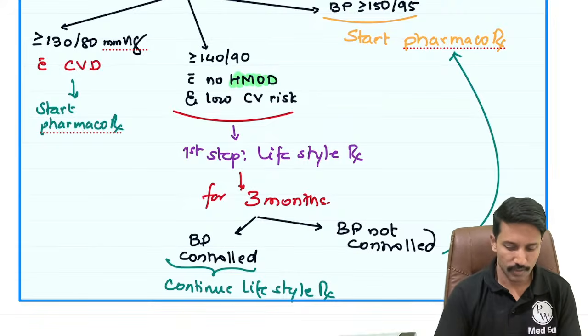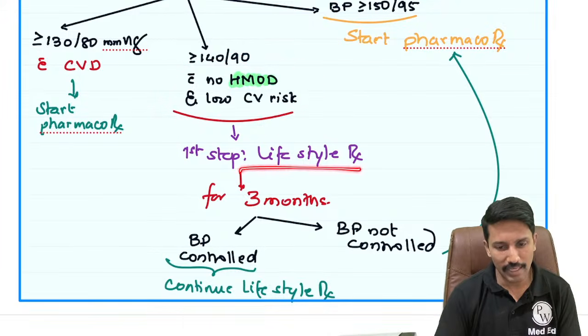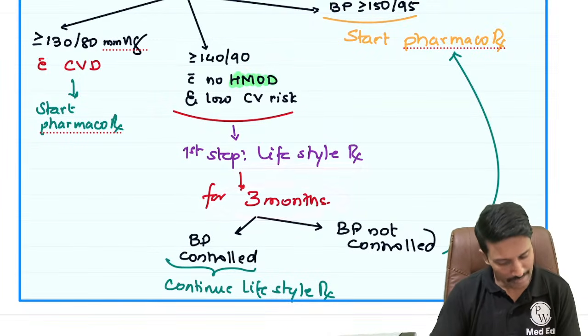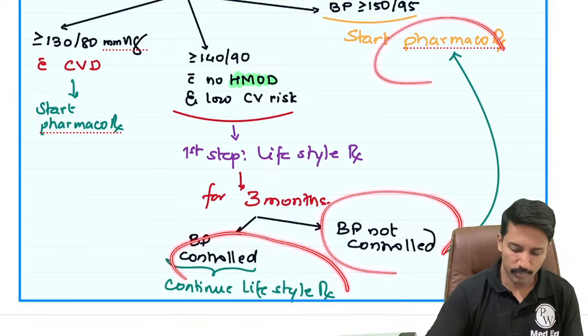If BP is 140/90, but the patient does not have any hypertension-related organ damage and coronary artery disease risk, in such patients, not more than 150/90 but 140/90 plus and no risk factors, I will try lifestyle modification for 3 months. If it doesn't work, then I will start with pharmacotherapy. Okay.